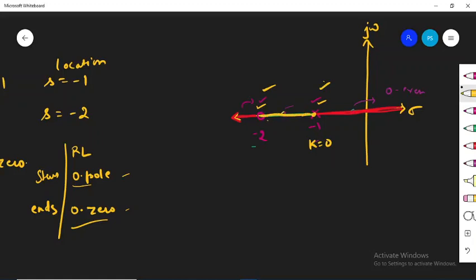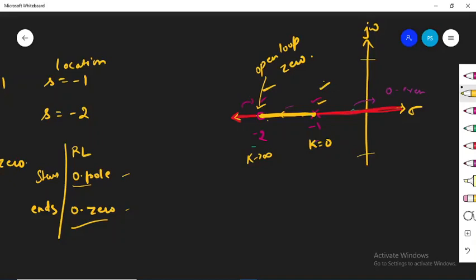If you make k tend to infinity, it will end at -2, that is the open loop zero. So by using these rules only, we can find the root locus plot for the given example. We have found that there are no asymptotes, and the root locus won't cross the imaginary axis at all.